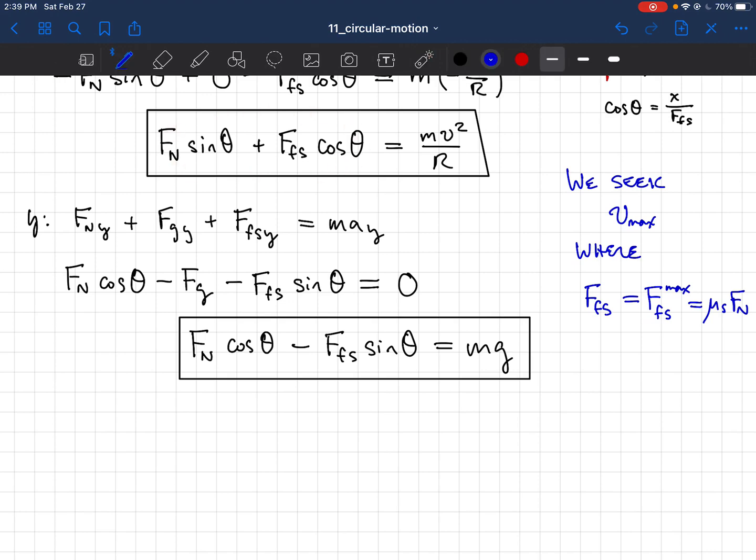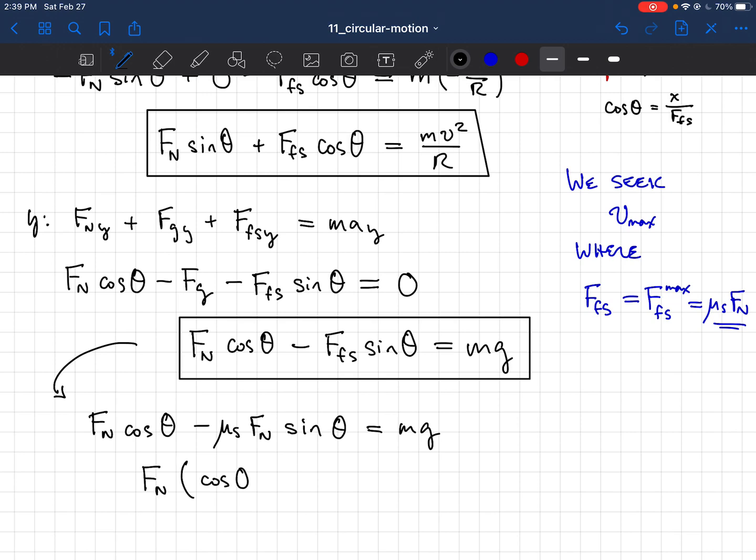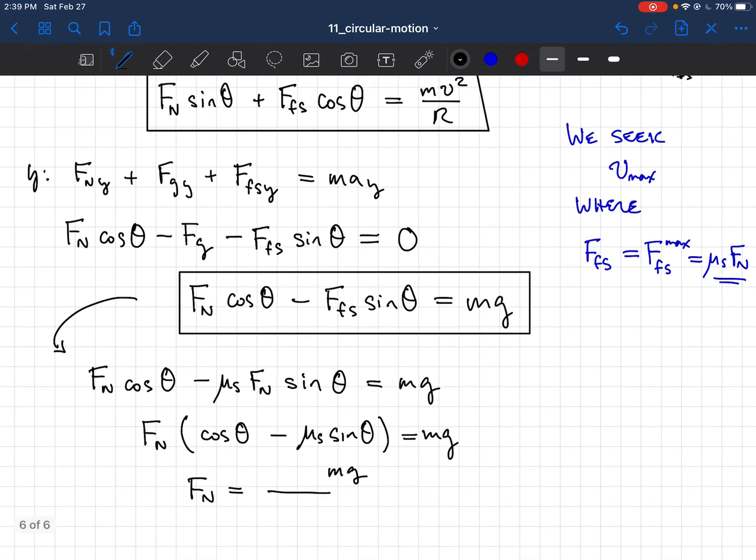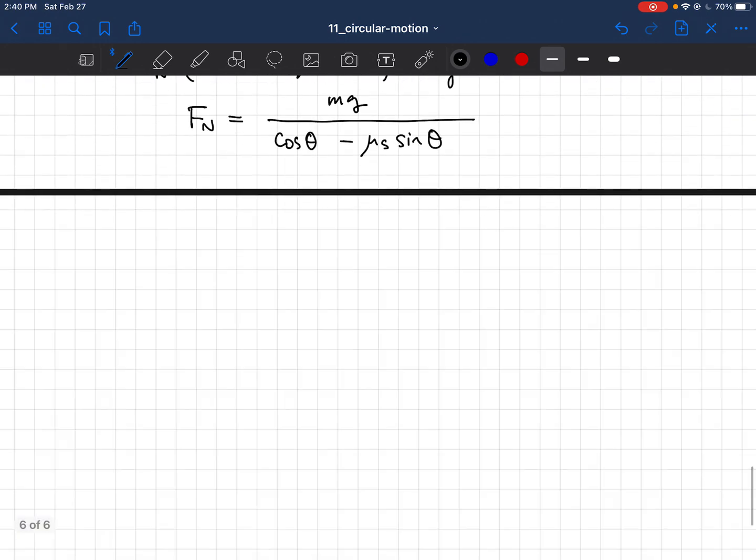So let's see. First we got to use this. So we have Fn cosine theta minus, and this comes from this equation here, and I plug in mu s Fn for F friction static, times sine of theta is equal to mg, which means that if I factor out Fn, I get Fn times cosine minus mu s sine is equal to mg, or Fn is equal to mg over cosine theta minus mu s sine of theta.